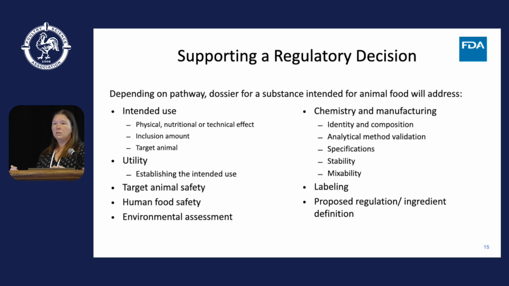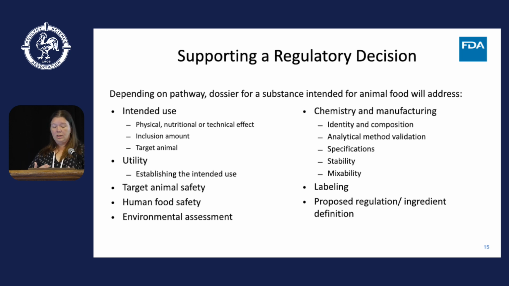The type of data and information for utility is going to depend on the substance itself. For example, if we're doing a macronutrient, if we go back to soybean meal, my example earlier, we see a lot of feed 'em and weigh 'em studies for that. As compared with a conventional protein source, are we seeing same as, if not better, weight gain and feed efficiency? We're not seeing any negative effects in those birds.